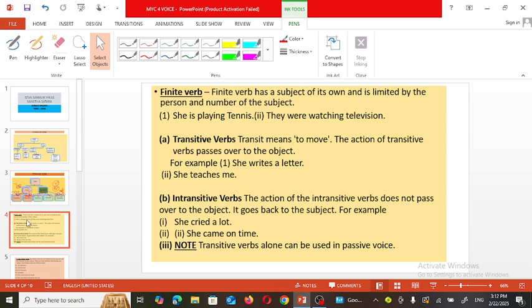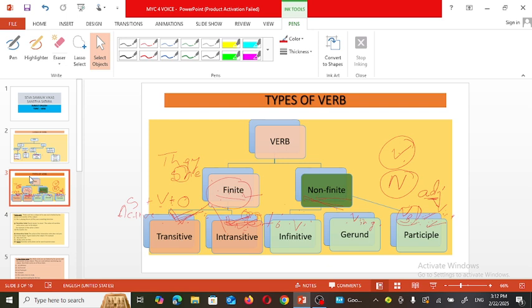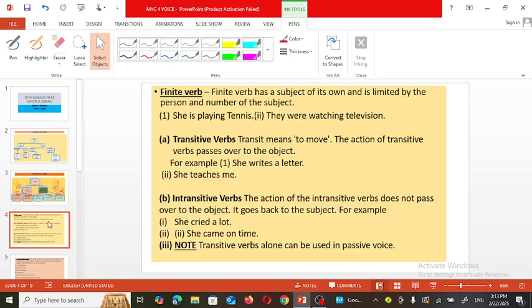Now these slides have information about all these kinds of verbs and their examples. According to this slide, verbs can be classified as finite and non-finite, and finite is further classified as transitive and intransitive. So you can write these notes.